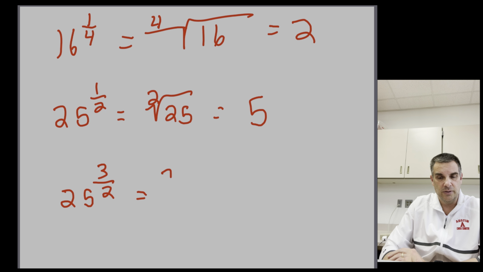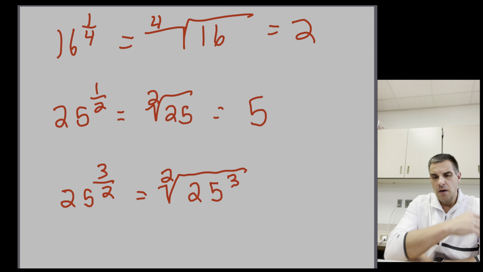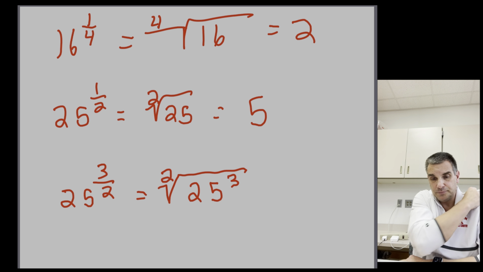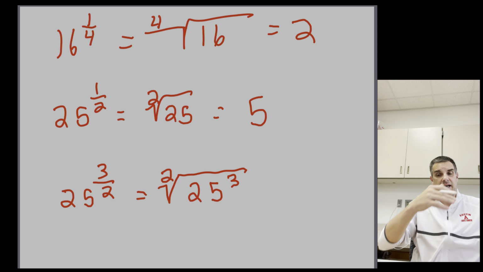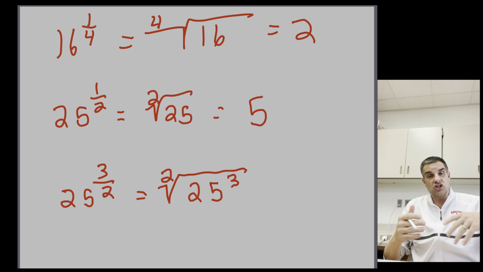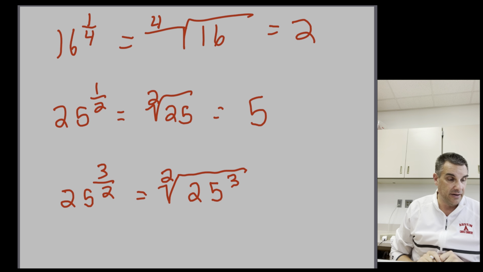So it's going to remain our root. So this is going to become the square root of 25 cubed. The 2 is going to the radical, and the numerator is just going to stay with the 25.